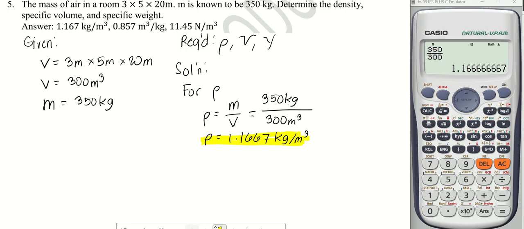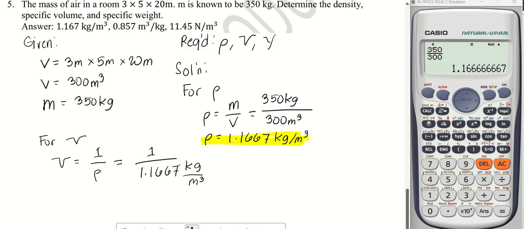Next is our specific volume. For specific volume, we have the formula of 1 over density, because specific volume is the reciprocal of the density. So substituting, we have 1 over 1.1667 kilograms per cubic meter.